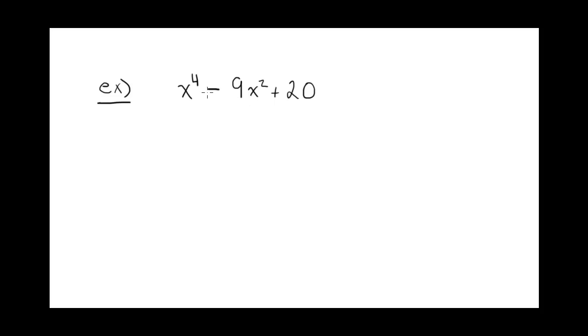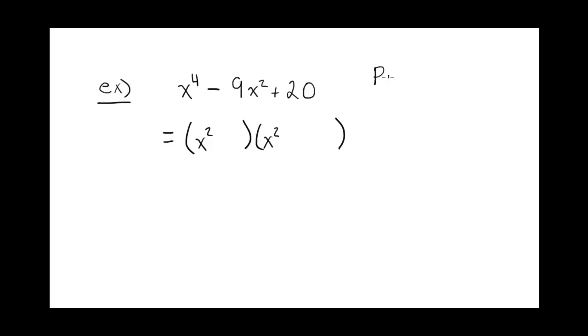So notice here the powers are higher, but they're both higher: x to the 4 and x squared, so they're both 2 times higher. Well, we can factor this essentially the same way. But now, since it's x to the 4, what has to go first? If the first terms must multiply to x to the 4, it's got to be x squared. X squared times x squared is x to the 4. And then the middle terms will add to x squared. But then the rest is the same.